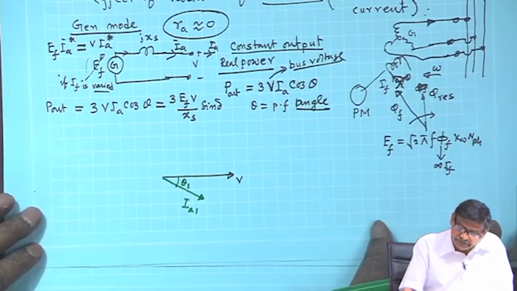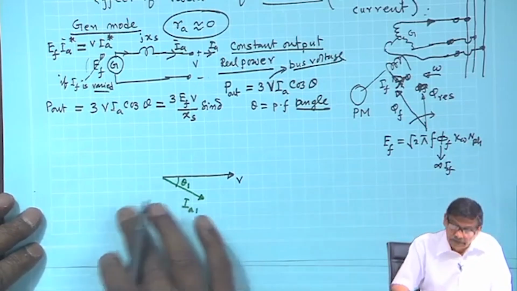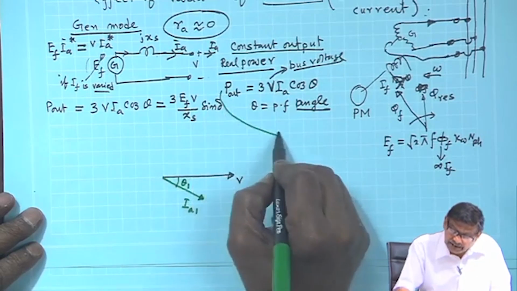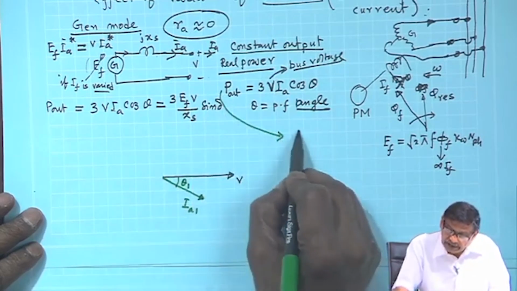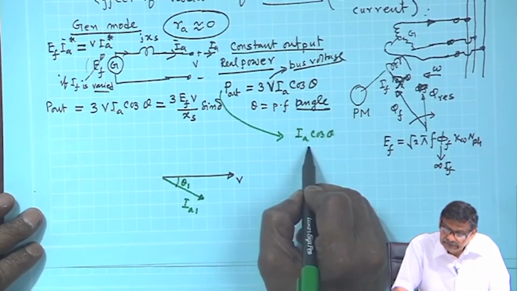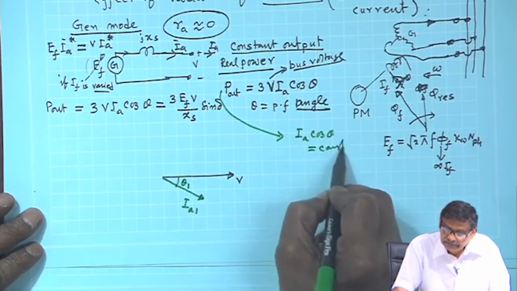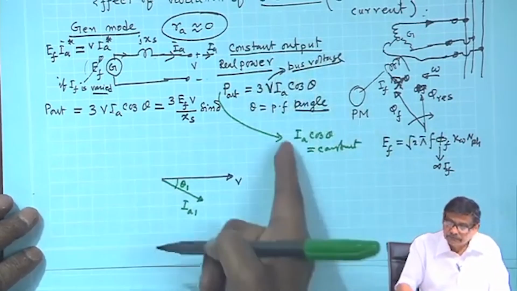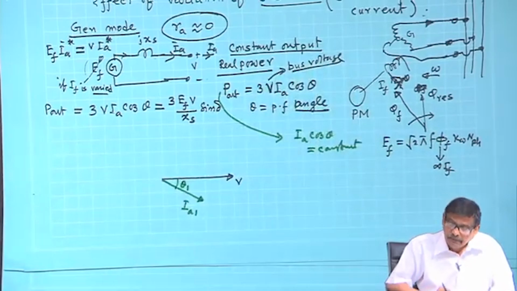From this equation, I come to the conclusion that I_A cos theta has to remain constant, because V is constant. Okay.